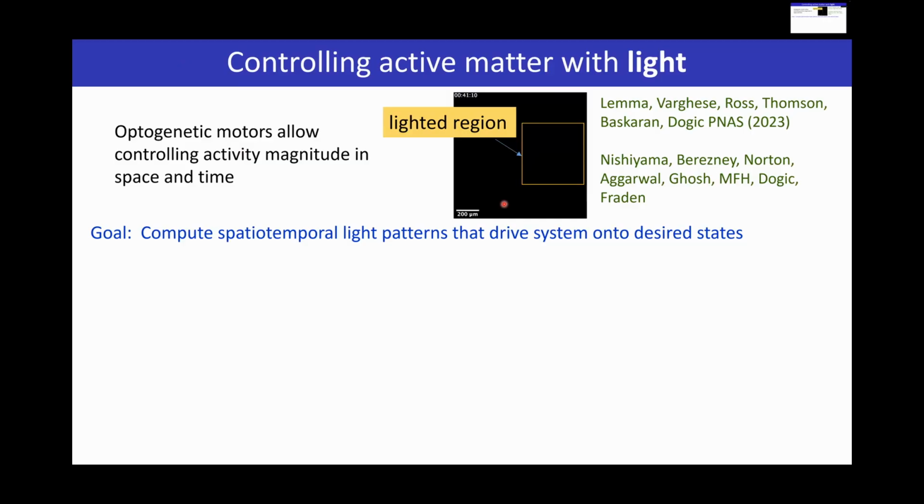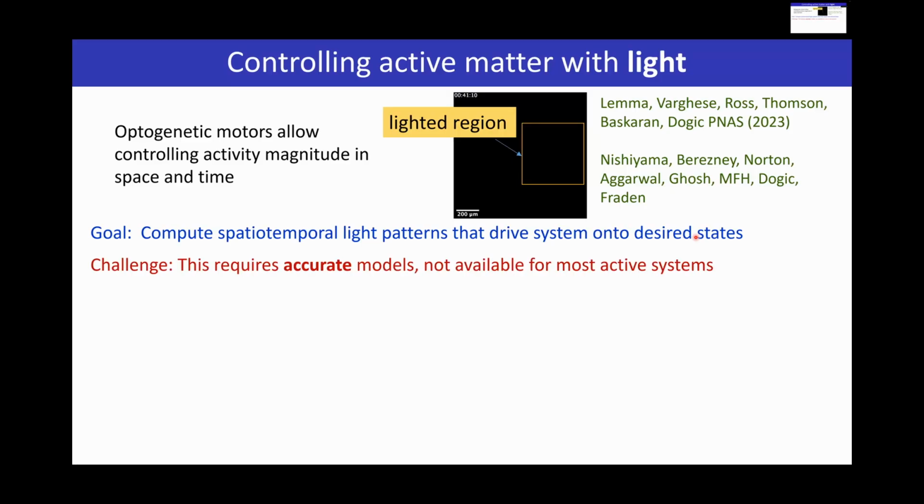And the job then for us theorists is to tell them, well, what should that spatiotemporal field be if I want the system to go to some certain functional state? This is, of course, a very hard problem. It's an inverse problem, but it's made doubly hard because solving it requires a quantitatively accurate model.